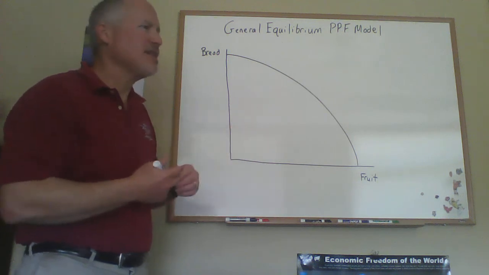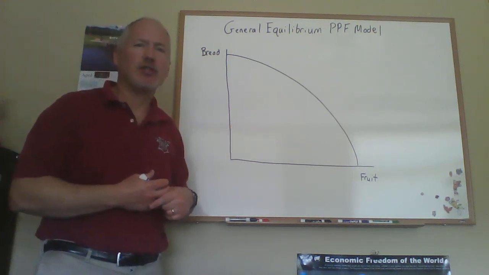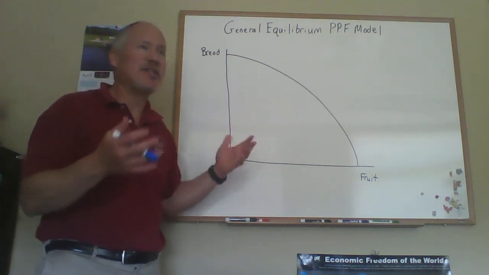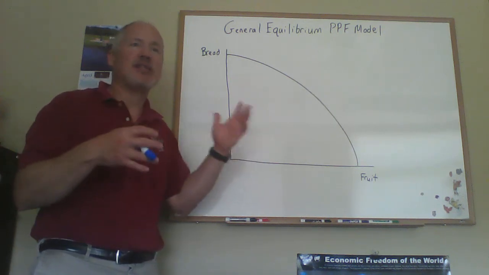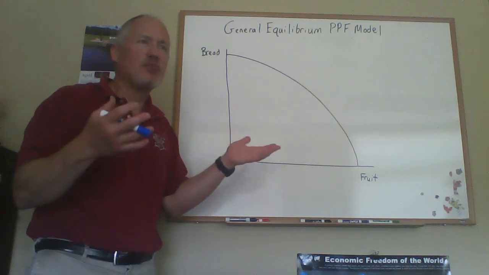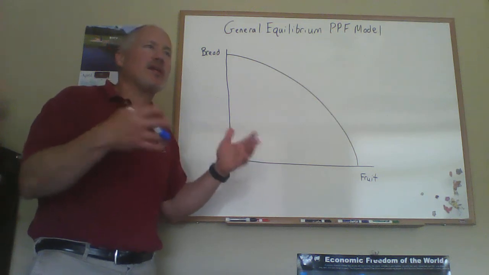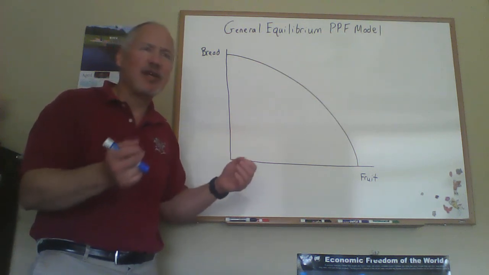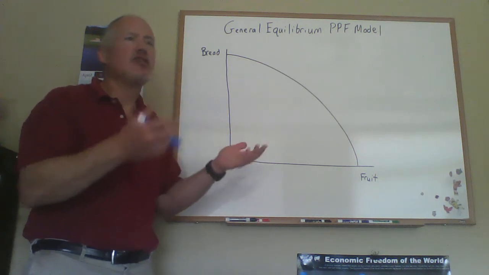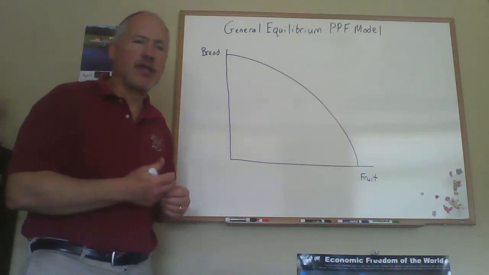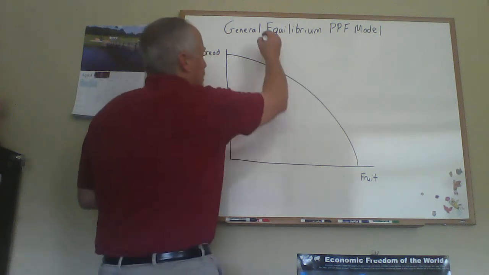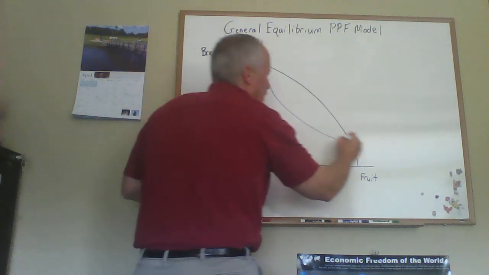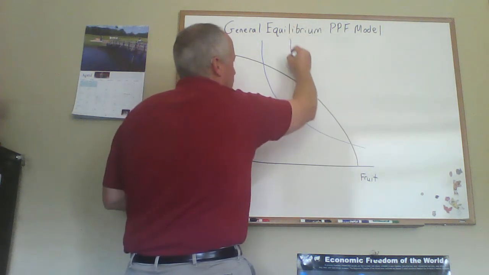If everybody was identical, that would be really easy, because everybody would have the exact same preferences. But we don't really have that. We don't want to get into more detail about how you would aggregate these different preferences. Let's just say we have an average or representative consumer, and they have some indifference curves here. We'll draw them normally shaped.